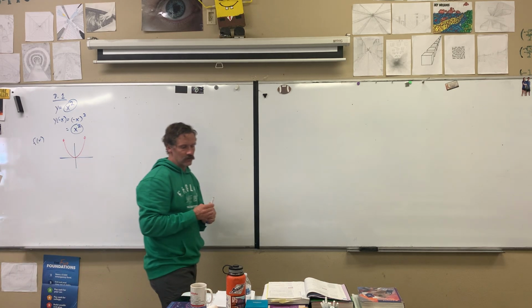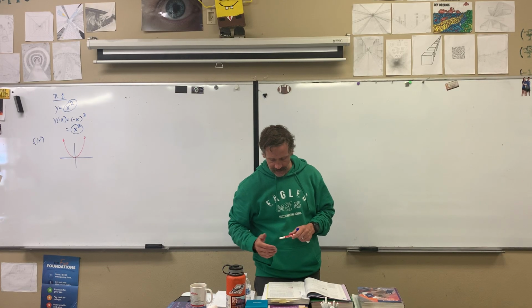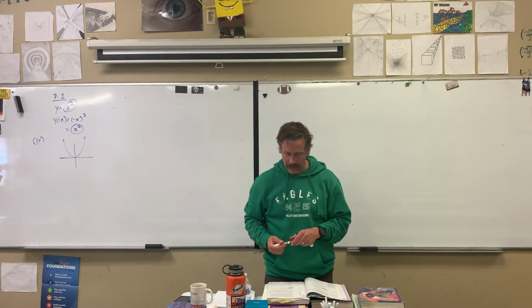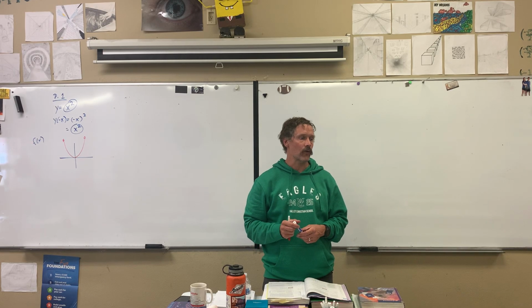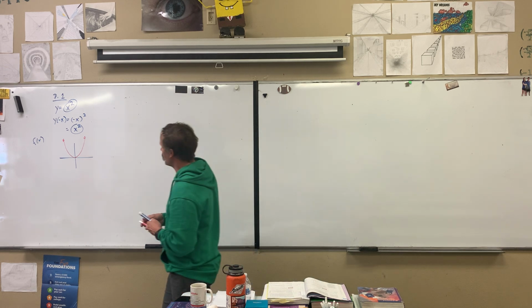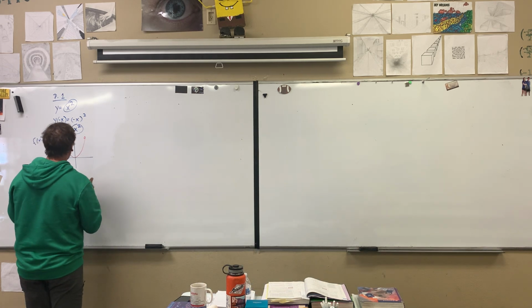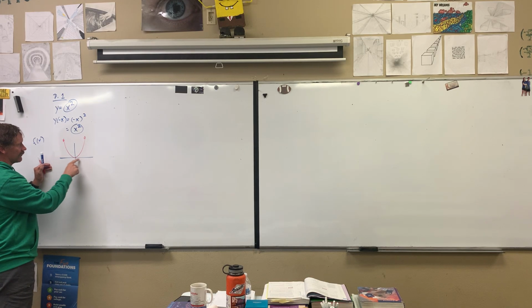Now the symmetry test with respect to the x-axis is, can you replace the y with a negative y and the same equation occurs? So again, we could look at this graph and say, well, no, it doesn't have symmetry in the x-axis.